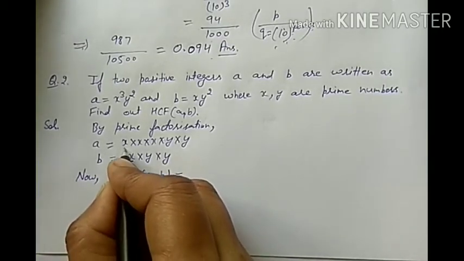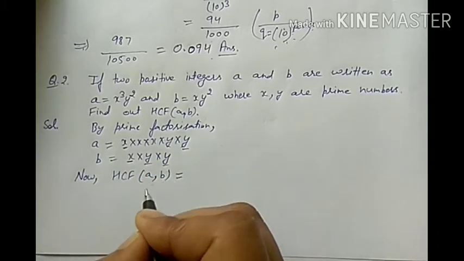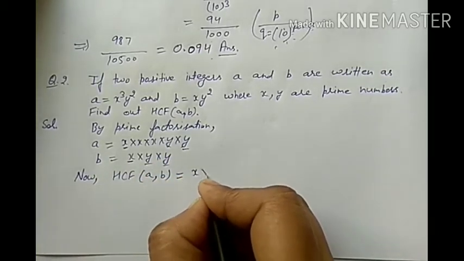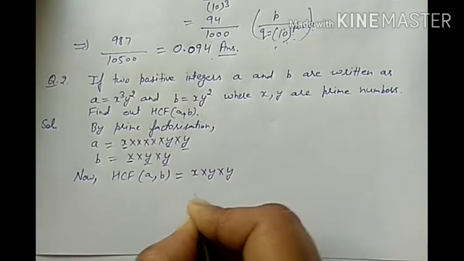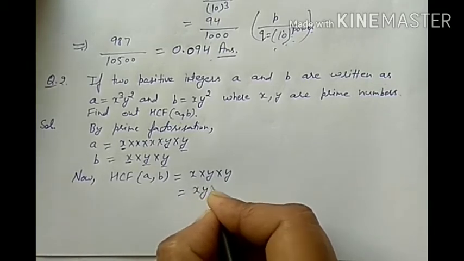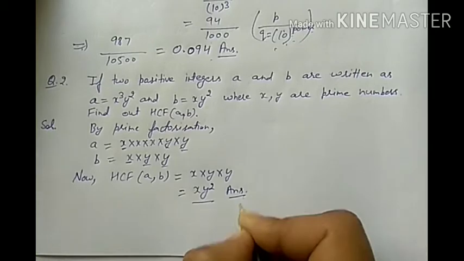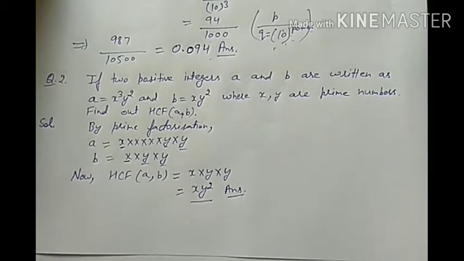First of all x, then y, again y, means x into y into y. It means x y square is the HCF of a and b. This is your answer. This is a very simple question. You can do it easily.